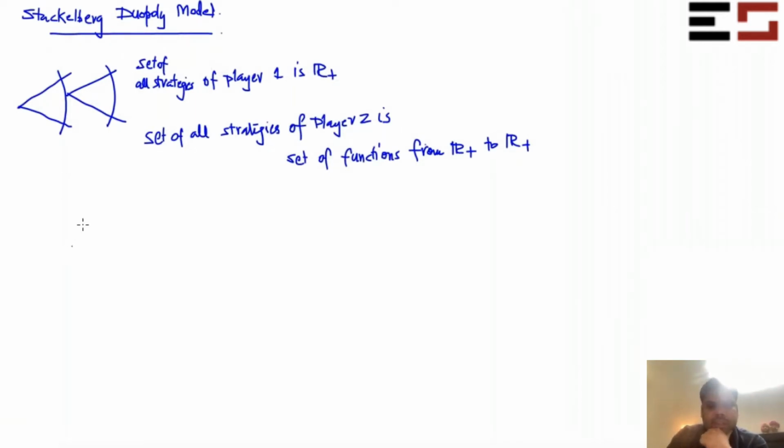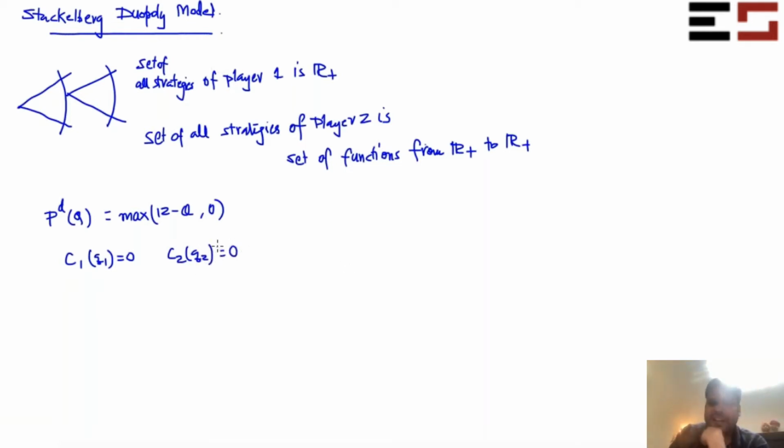Suppose you have the following situation. We are given the inverse demand function, and for the time being, let's keep the costs 0. So C1(q1) is 0 and C2(q2) is 0.